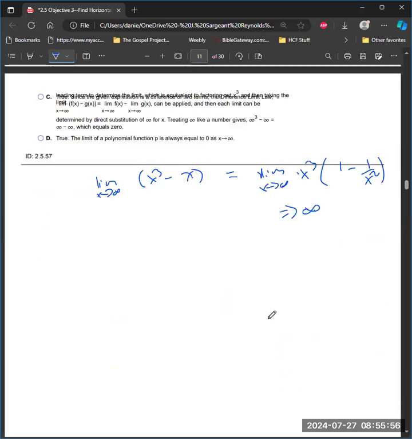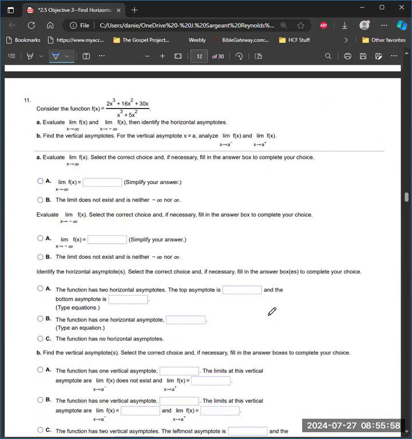All right, let's do a little bit more here. Consider the function f of x equals 2x cubed plus 16x squared plus 30x over x to the third plus 5x squared. We're going to rewrite that as 2 plus 16x to the negative first plus 30x to the negative second over 1 plus 5x to the negative first.